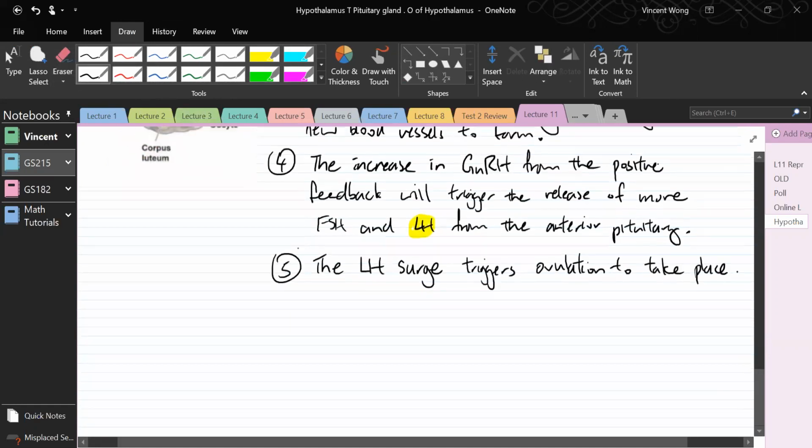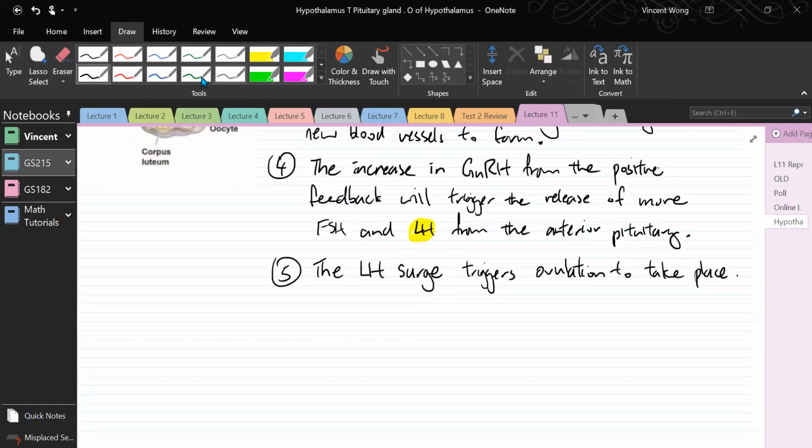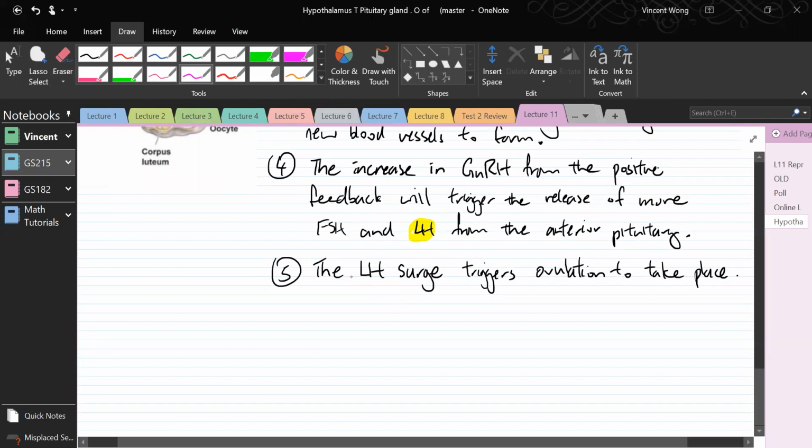So you should know, if people are trying to figure out when they're ovulating, they would be testing for LH. An ovulation kit detects the level of LH in urine.